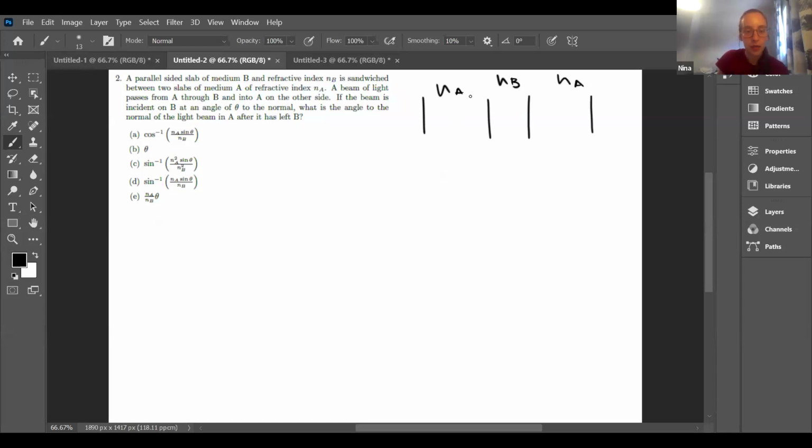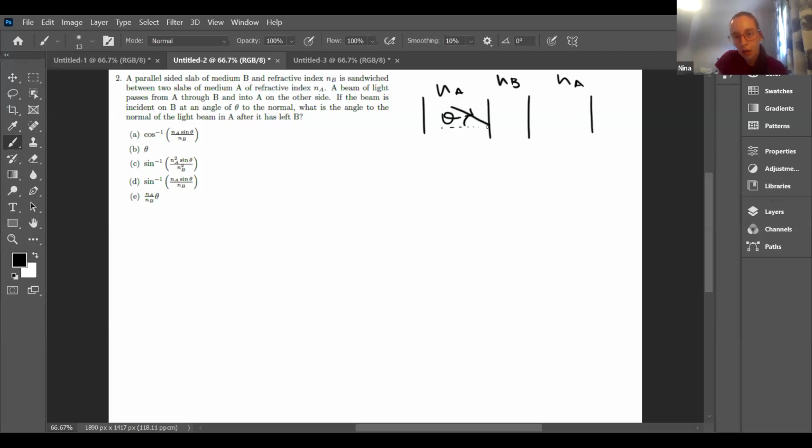A beam of light passes from A through B into A again. So it's coming from A. And if the beam is incident on B at an angle theta to the perpendicular, the normal, what is the angle to the normal of the light beam in A after it has left B?